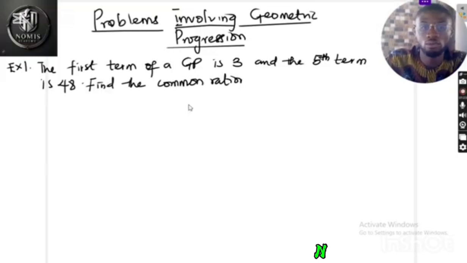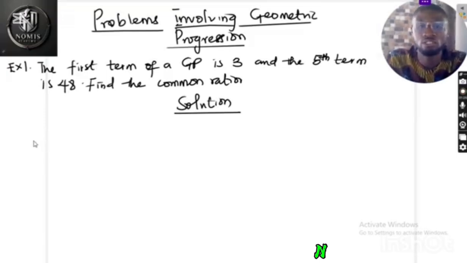So what will I do? Solution. To find the common ratio, let us first of all state the formula of the fifth term. So the fifth term of a GP is equal to A r to the power of 5 minus 1, right?